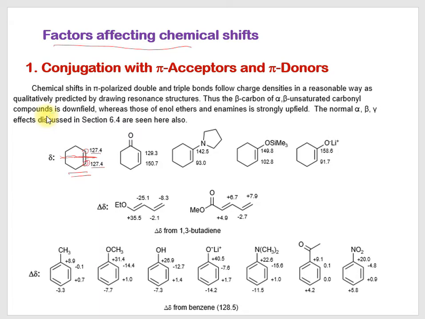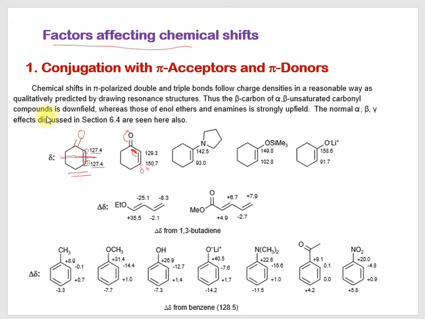Now when you put a substituent here, that is, when you put a carbonyl, there is delocalization of the pi electrons towards the carbonyl. By delocalization, this carbon now will be positively charged, and you will have the double bond here.